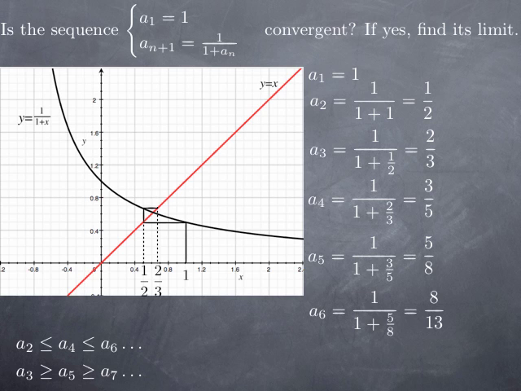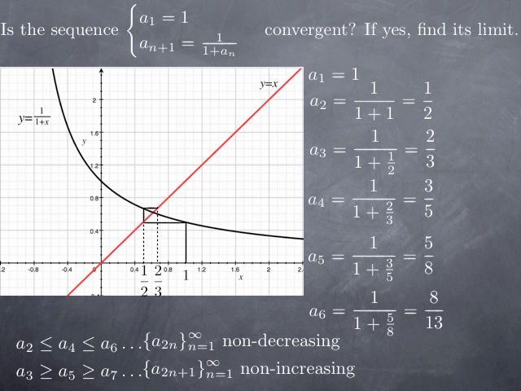And on the other hand, a3, which is 2/3, is greater or equal to a5, 5/8, and greater or equal to a7, and so on. So it looks like the subsequence indexed by even numbers is non-decreasing, while the subsequence indexed by odd numbers is non-increasing.